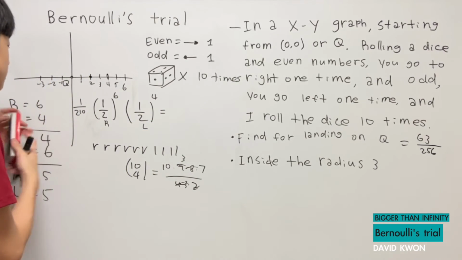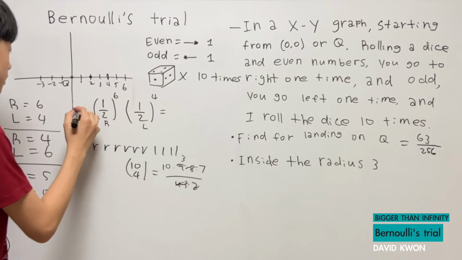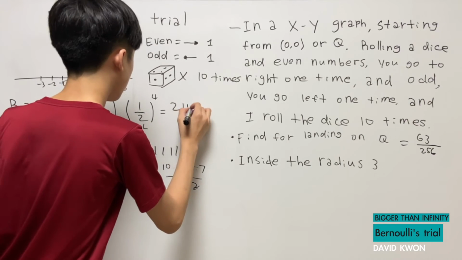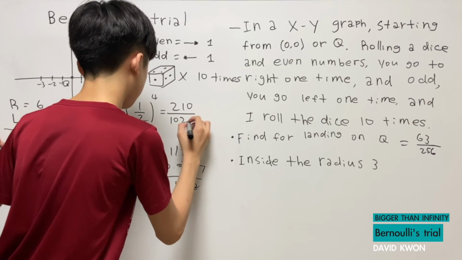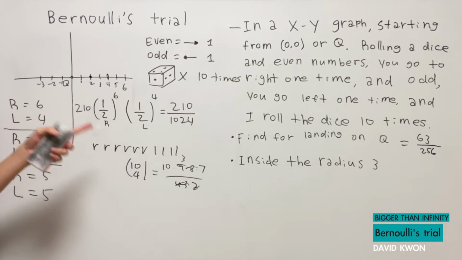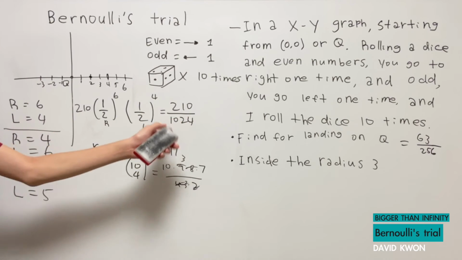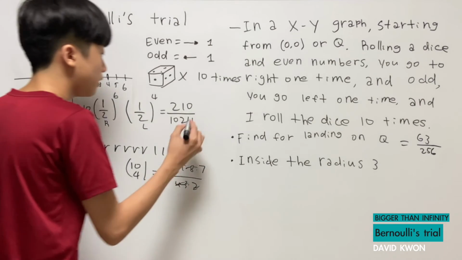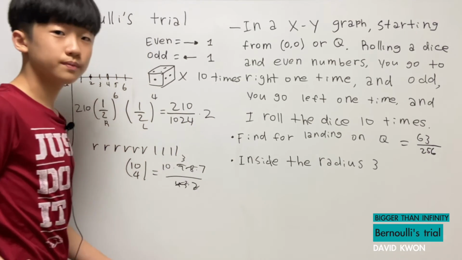This is equal to 210 over 1024, because it's 1 over 2 to the power of 10. Okay, so we got this. And now, this. It's common sense. They're basically the same thing, technically just alphabets turned around. They're the same thing, so I should multiply it by 2.